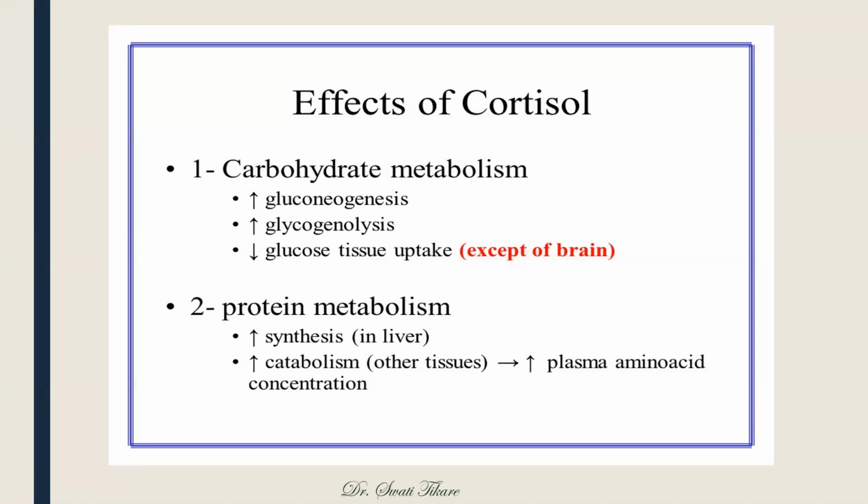Except in the liver, where it increases the synthesis of protein, in other tissues it is causing catabolism. So there is more plasma amino acid concentration. Amino acid levels increase, which, as I was telling you, are also used up for producing glucose in gluconeogenesis, and hence the increased glucose level. So protein is broken down.